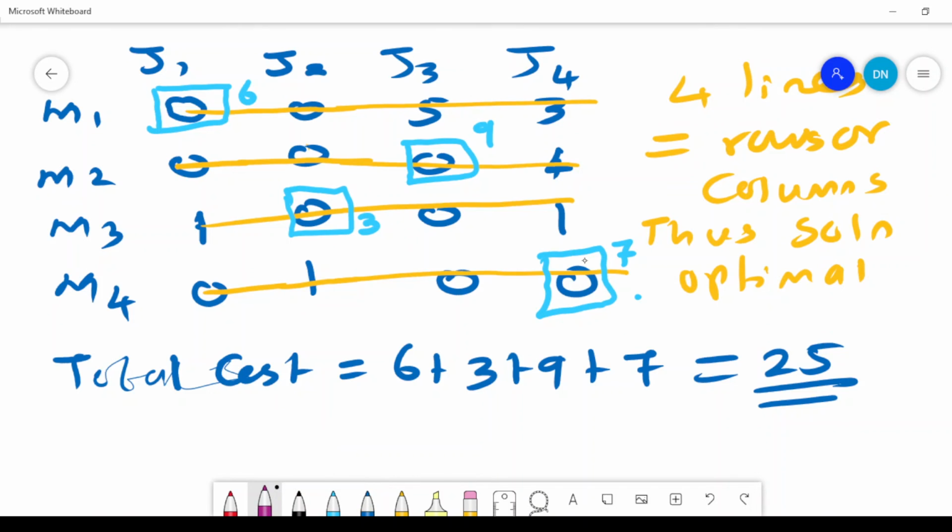Maybe if I still allocated this job here as 7, and then I allocated it here, at that point the value is 7. Then I allocate this here, the value is 6. Then this would have been slightly higher because it would be 7 plus 7, 14, plus 6, 20. That would have given me 26, which would have exceeded. So the best allocation would be 25.